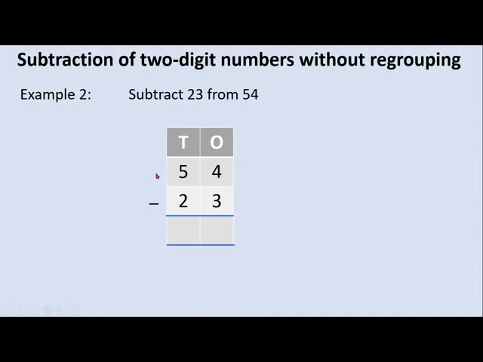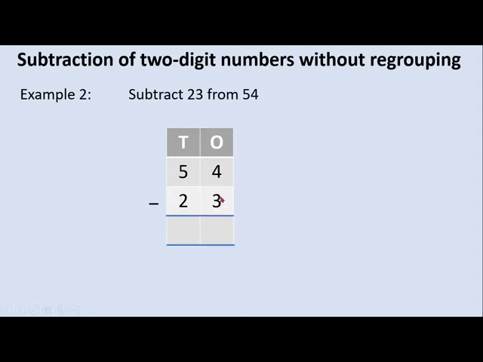Therefore, 54 should be written in the first line, and below that 23 should be written with a negative sign or minus sign here. This symbol is called the minus sign, which is used to indicate difference between two numbers.